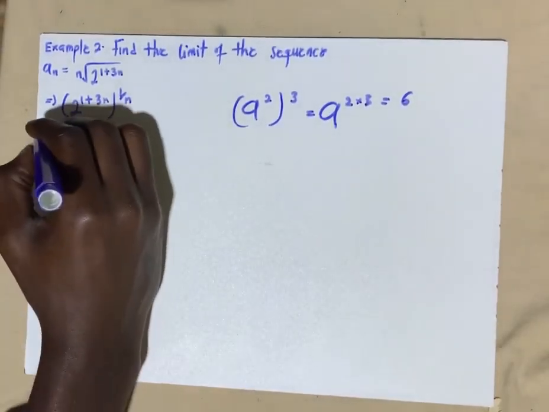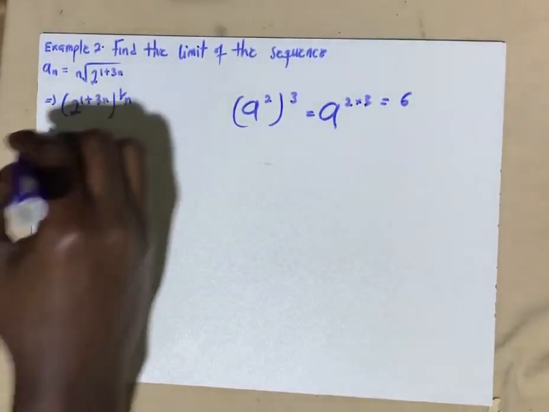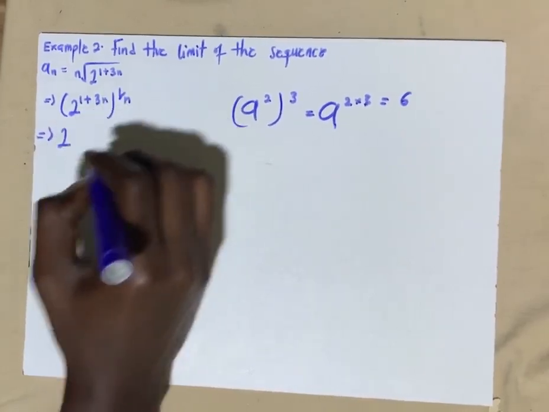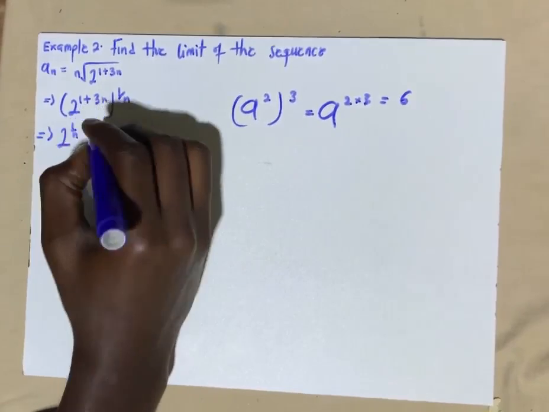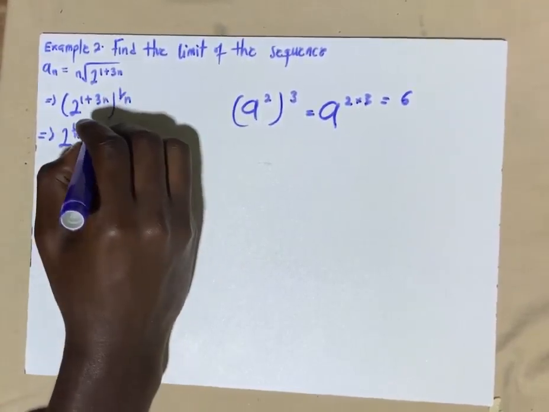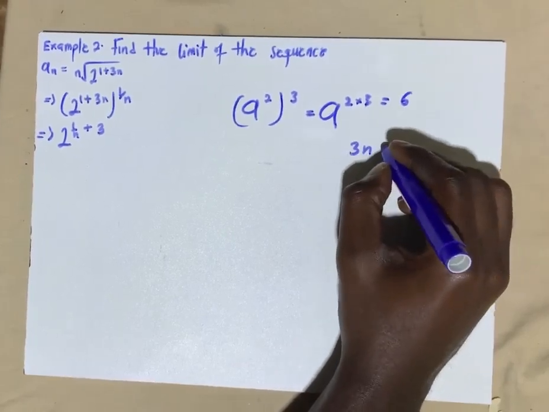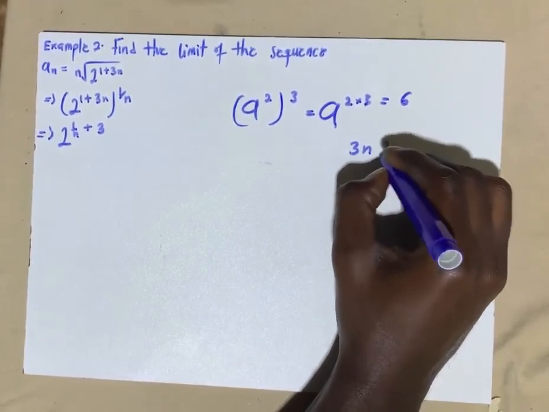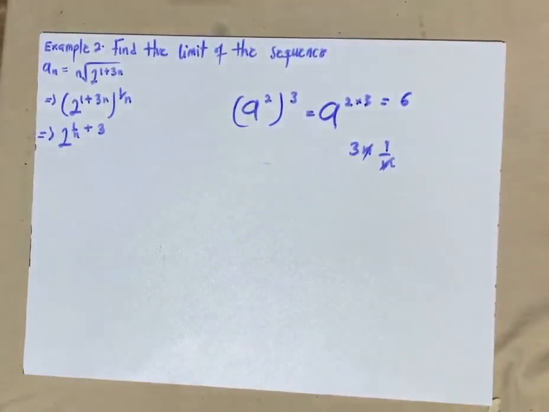You can multiply through by the exponent. 1 times 1 over n gives 1 over n, and 3n times 1 over n gives 3, because this n cancels this n. So eventually we get 3. Now this is the simplified version of the expression.